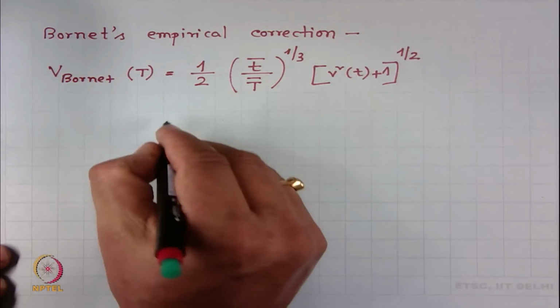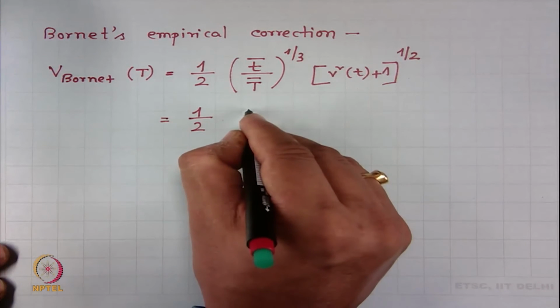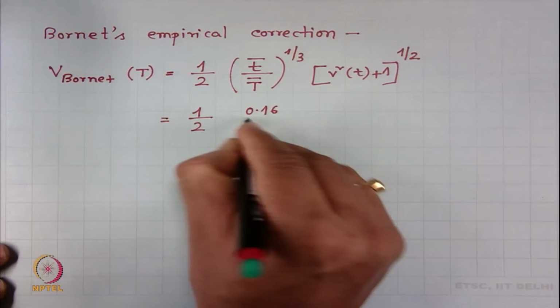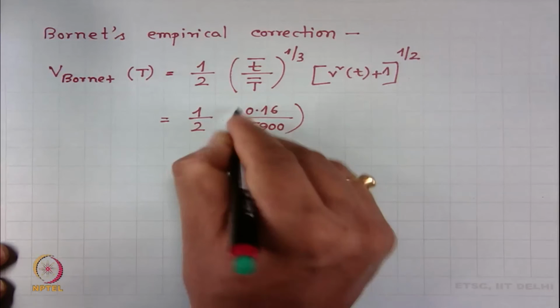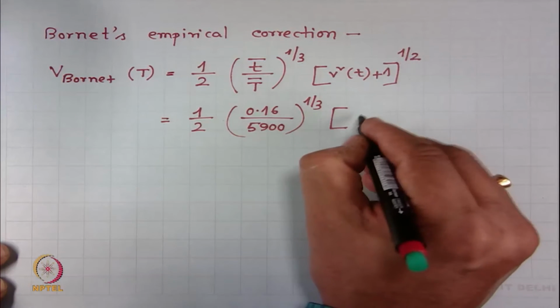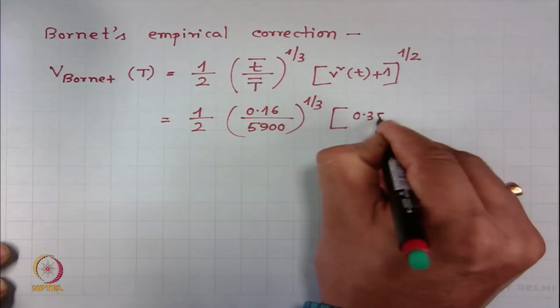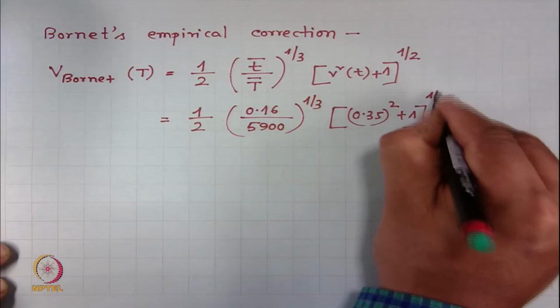So, we use the data given in the problem, T bar 0.16 and 5.9 ktex. So, 5900 tex and 0.35 plus 1 to the power half.